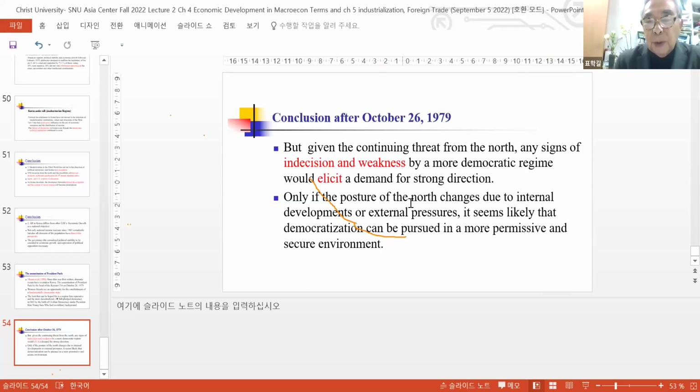But as of now, as you can see, North Korea did not change, strengthening military and nuclear power. Therefore, the tension in the Korean Peninsula is ever mounting. That's the kind of preliminary conclusion.